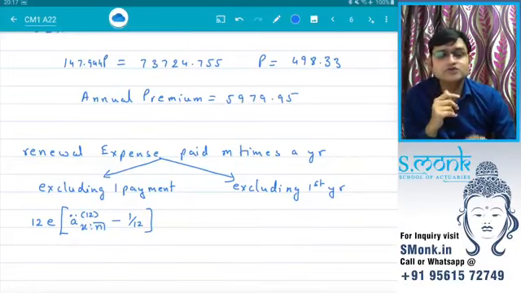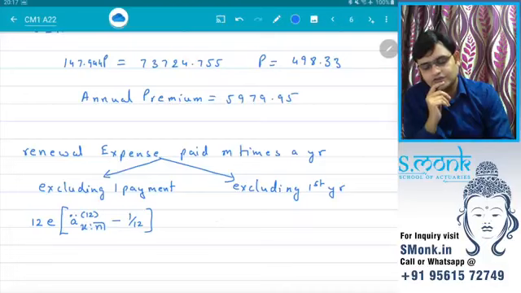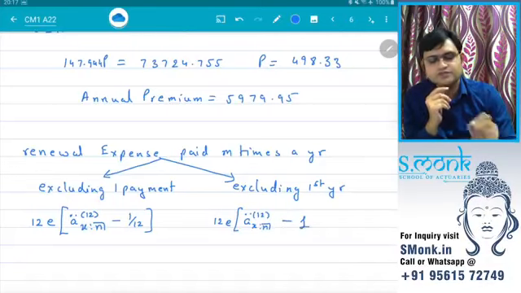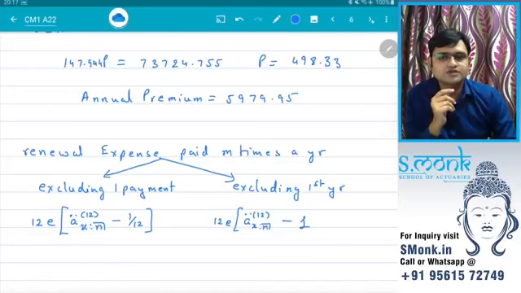Now if you are excluding the complete year, we'll say 12E a due x n payable 12 times minus, now we cannot just say minus 1, because we will have to consider what happens if a person dies within that 1 year as well.